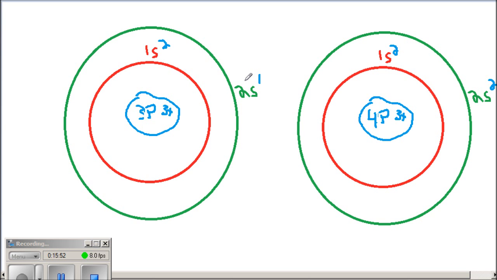The highest energy electrons kind of determine what's going on with the element or with the ion. How attracted these are to the nucleus if we have 3 electrons and 3 protons versus 4 electrons and 4 protons. Which one's going to be bigger? Which one's going to be smaller?